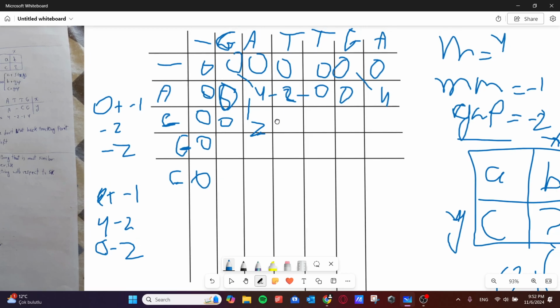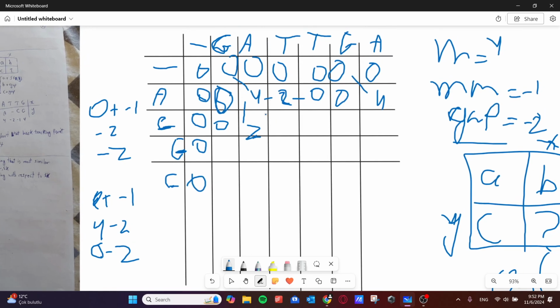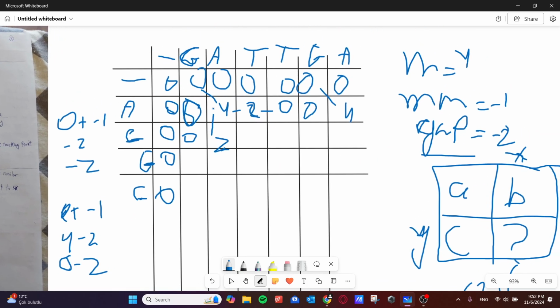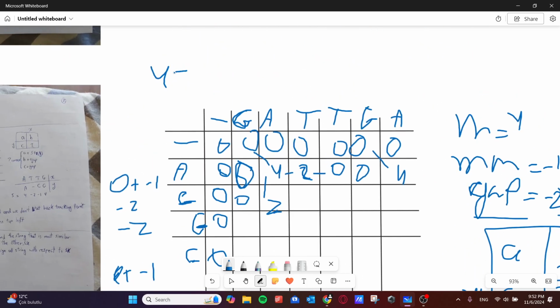Let's take the last one. Here it's a mismatch. So it is 4 minus 1, because we have here a mismatch between A and C. From the B, we have 2 minus 2, because it's 2 minus gap.